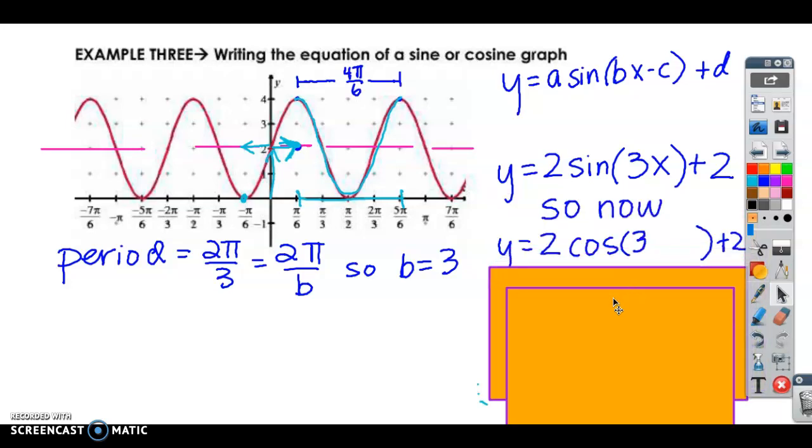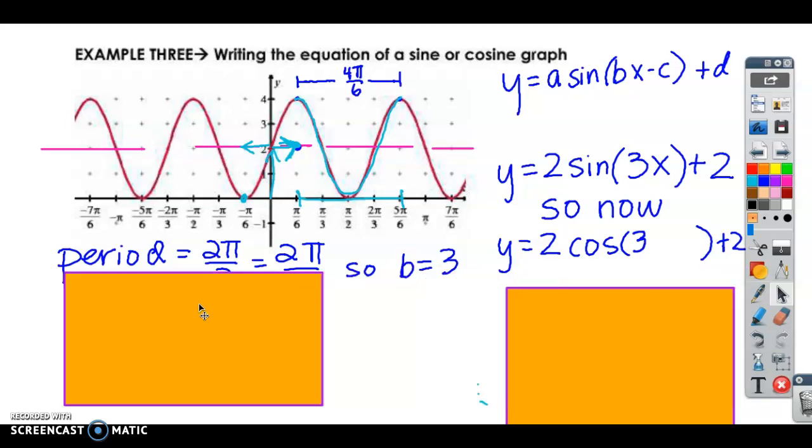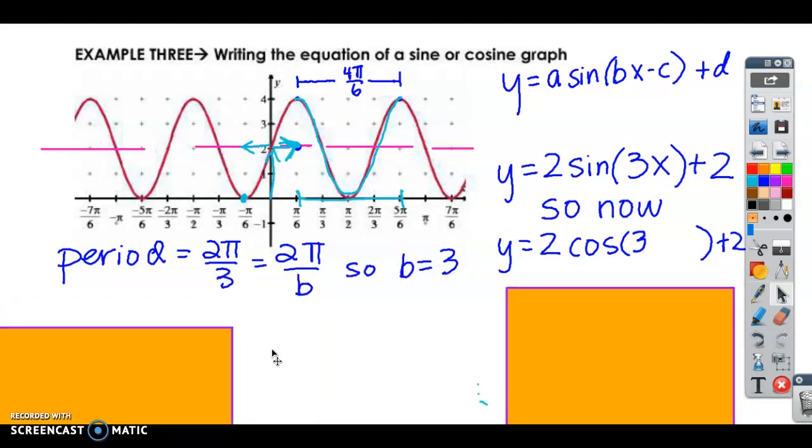So far we should have 2, the amplitude is the same, cosine, and then your 3x, and then it should be minus c. Now what's c going to be? The way we figure that out is we look at the phase shift. In this case, on the graph, it is to the right pi over 6, right?